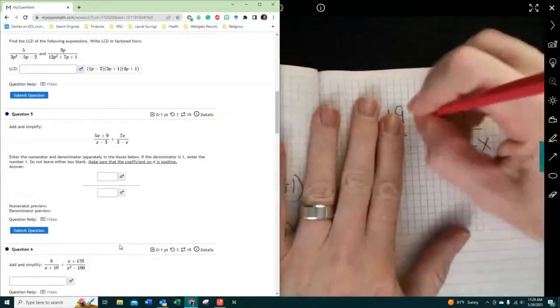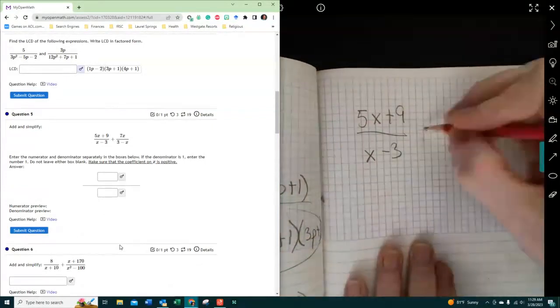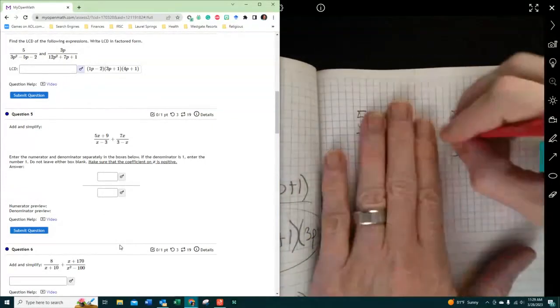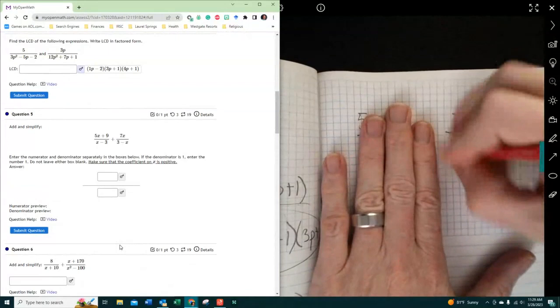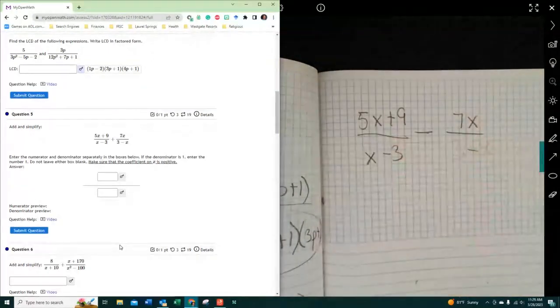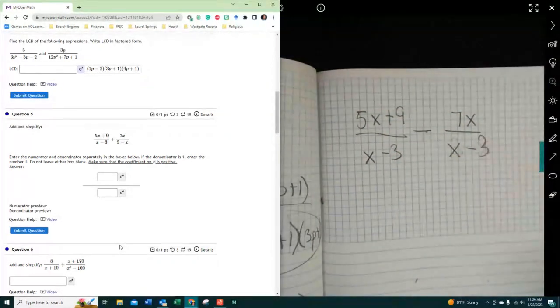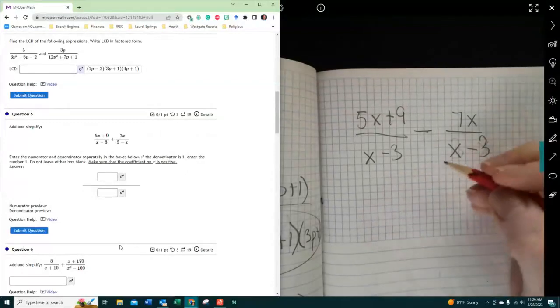So in other words, watch this. I factor out a negative sign, and I put that sign here, and I switch these around. I literally just switch their signs, and then they become this. Now I'm done with making them. Now they look exactly the same. They're common denominators.